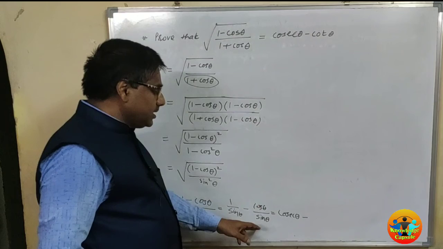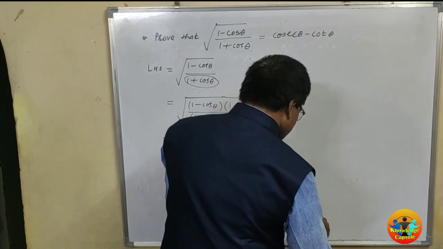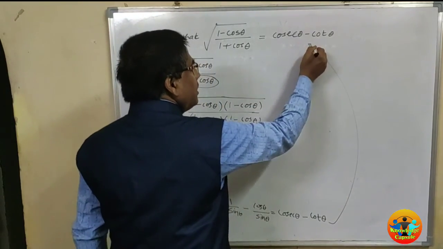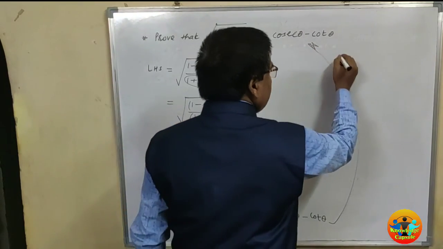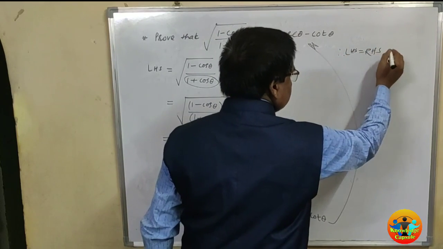And cos theta by sin theta is cot theta. That's what we want. Therefore LHS is equal to RHS.